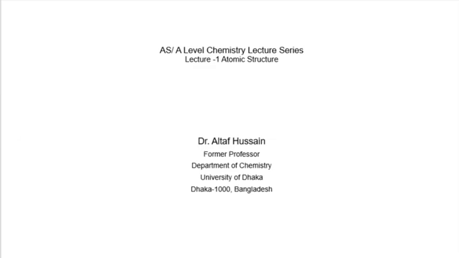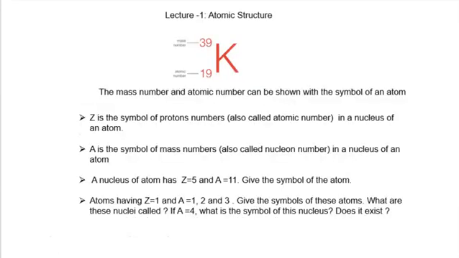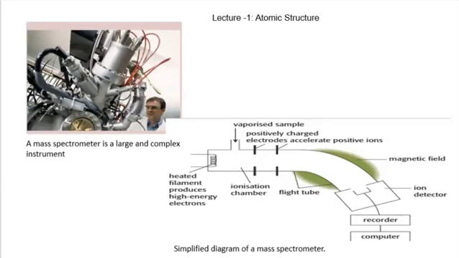I will now go to the number 8 slide, where I will show what we have been discussing in the first lecture about the simplified diagram of the mass spectrum. I mentioned the points of that simplified mass spectrum.